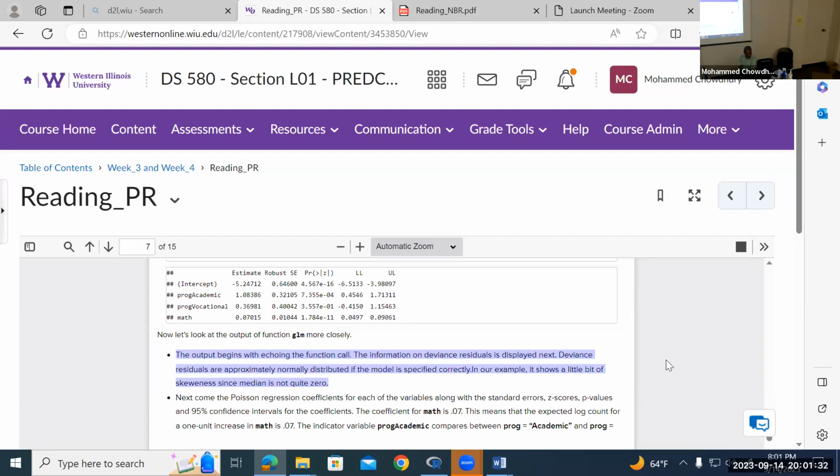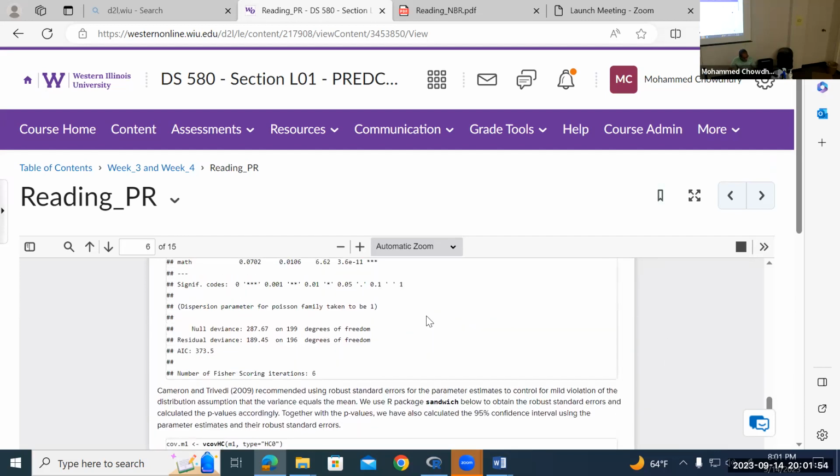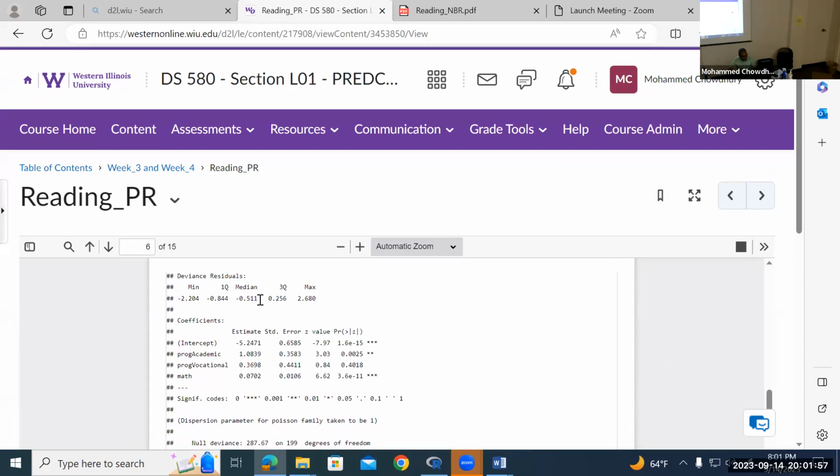The output begins with echoing the function call. The information on deviance residuals is displayed next. Deviance residuals are approximately normally distributed if the model is specified correctly. In our example, it shows a little bit of skewness since the median is not equal to 0. Your median is not equal to 0. So in your output, when you get a median like this, you have to make a one-line comment. Clear, right?